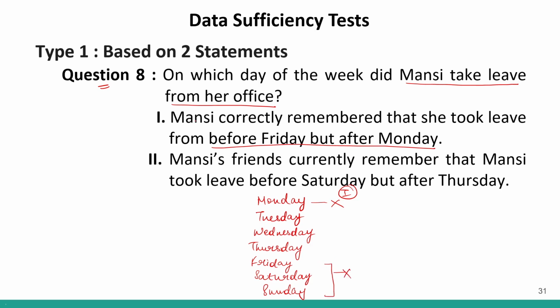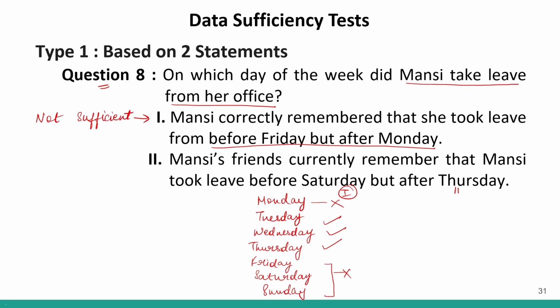So before Friday, she could take a leave on Thursday, Wednesday or Tuesday, because she took a leave after Monday. So now we are getting 3 possibilities from the first statement, that is Tuesday, Wednesday or Thursday. Is this statement enough to answer on which day Mansi took a leave? No. So this is not sufficient. Clear?